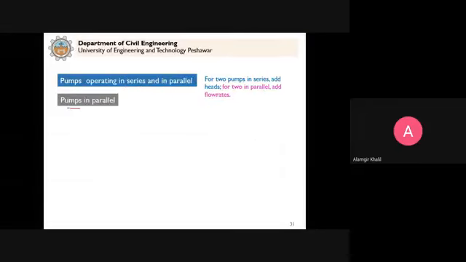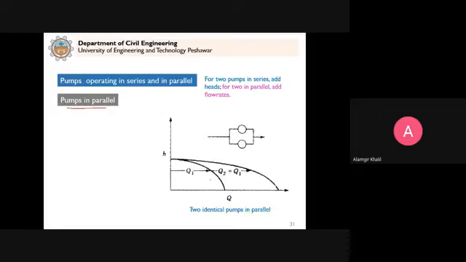When we have pumps in parallel, the head will remain the same, and the discharge will be 2 times. Clear? Because you see here, this is providing a discharge, this is providing a discharge, so it will add up.